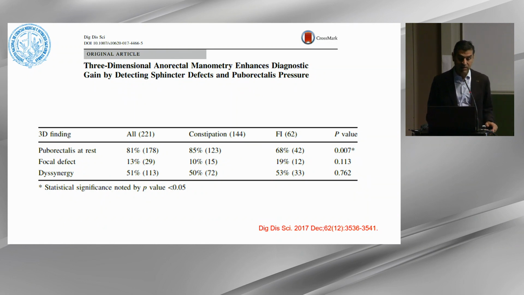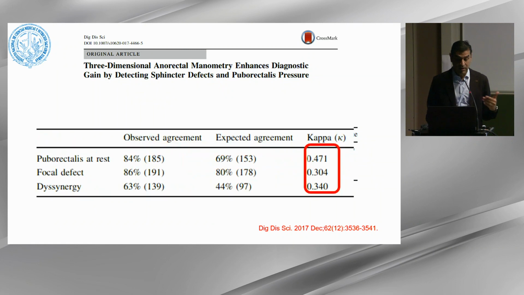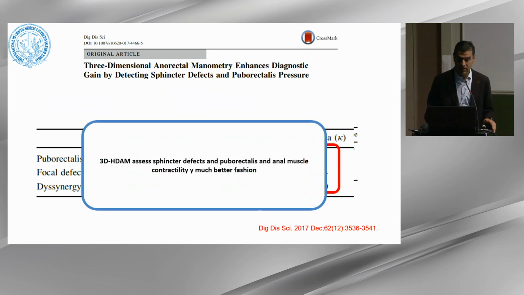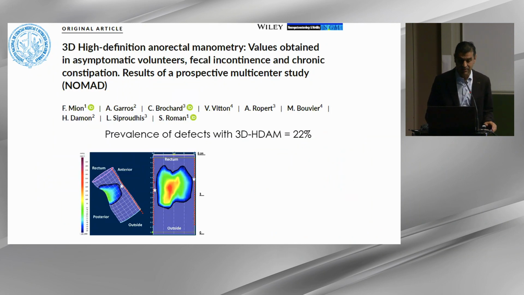But importantly, when the rating by the 2 experts was performed, it was poor. The kappa values that you can see here are 0.3, 0.4 at most. So I think the way that we are perceiving these defects is something that we need to talk about and better understand.